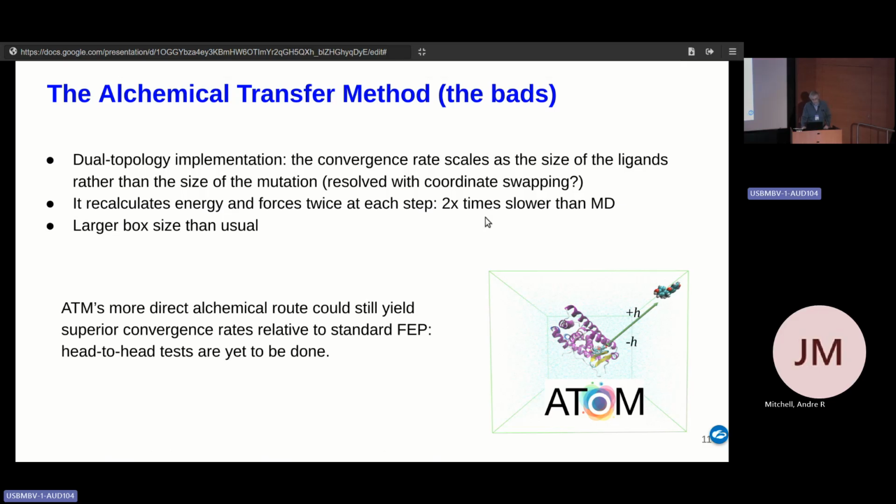Nobody tested, so we don't know if it's actually a bad. But of course, you would like to go faster. The fact that you need to recalculate the energy twice is certainly a bad. But okay.